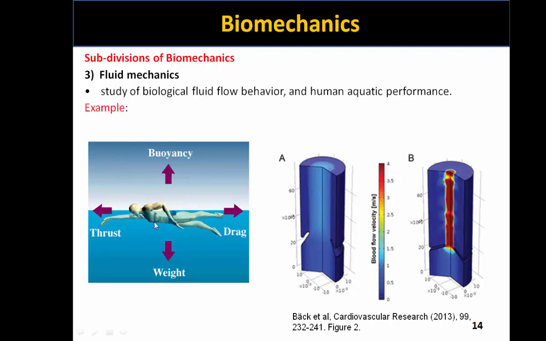In terms of biological fluid flow behavior, on the right-hand side, this is a major illustration from a research study published in 2013 that focused on the velocity, how fast blood flows through the cardiovascular system.